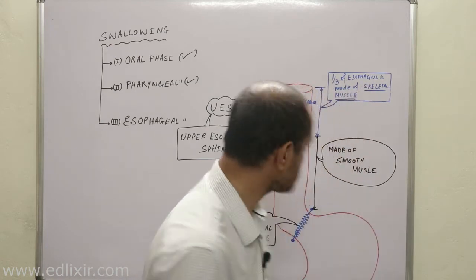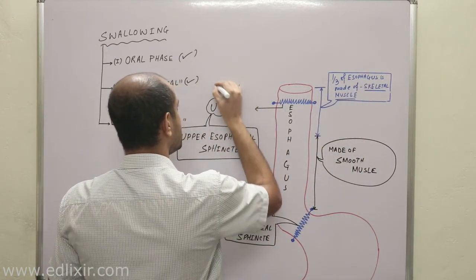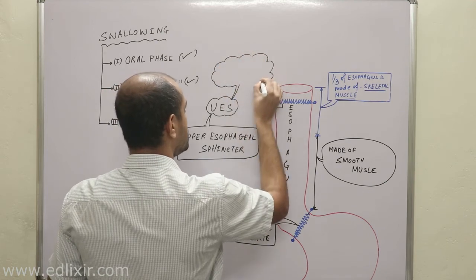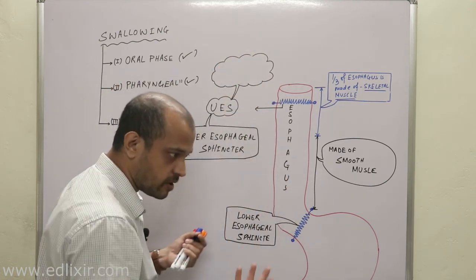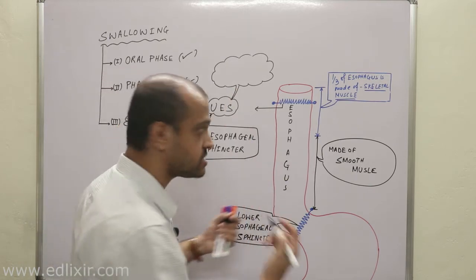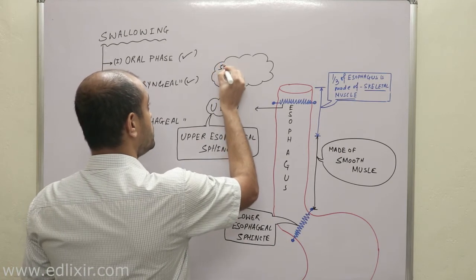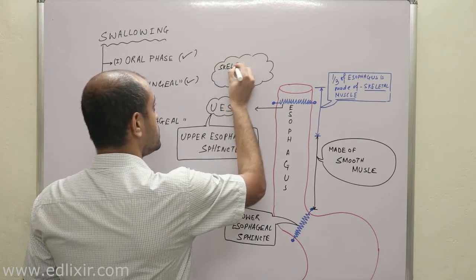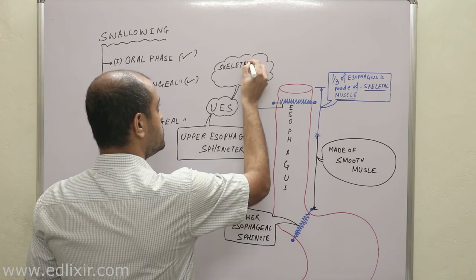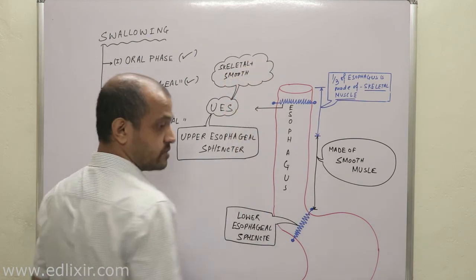Another thing, the upper esophageal sphincter: some authors say it's a mixture of both skeletal and smooth muscle, but some authors say it's purely skeletal muscle. So we will go with skeletal plus smooth muscle, to avoid any controversy.